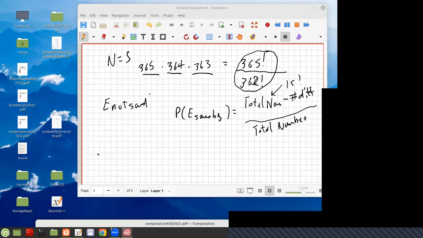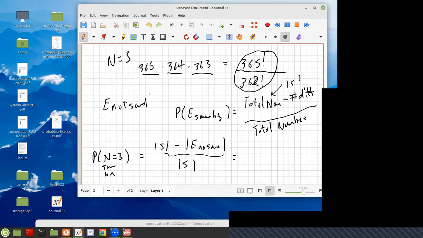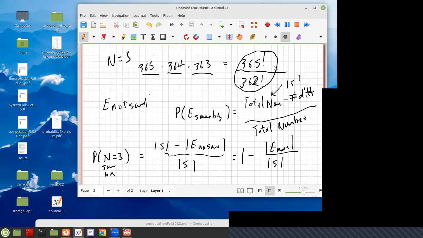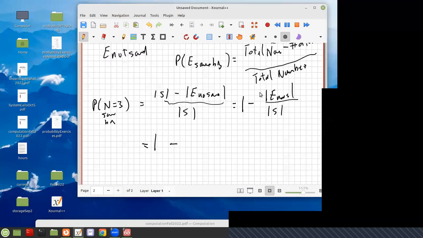For the n equals 3 case, the probability of the same birthday is going to equal the sample space size minus the number with no same day, divided by the sample space size, which is going to equal 1 minus the number with not the same day over the sample space size, which equals 1 minus 365 over 362 factorial, times 1 over 365 cubed.